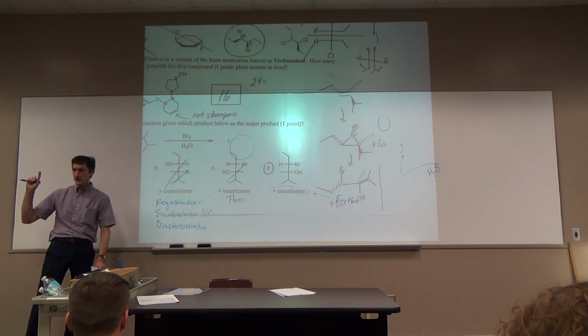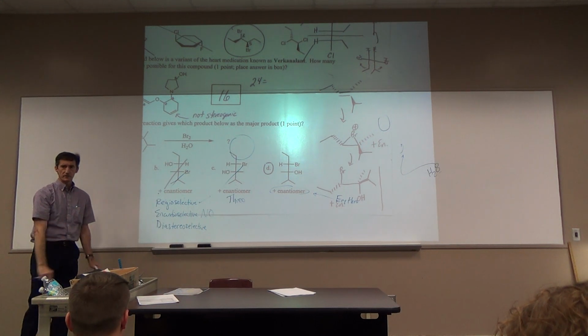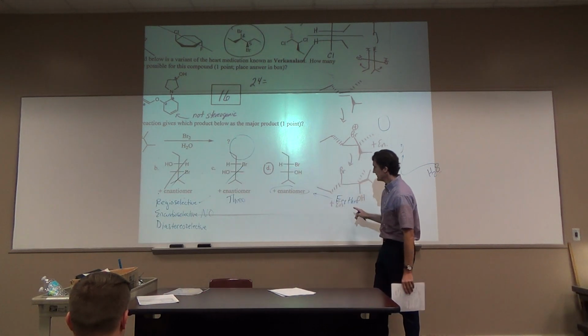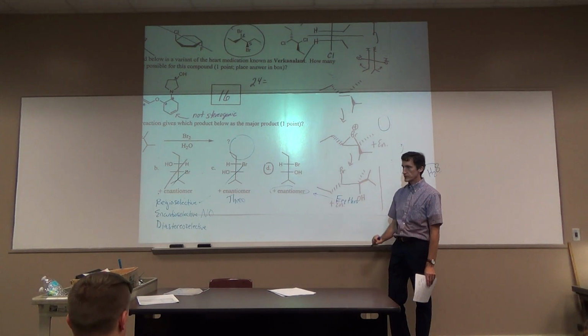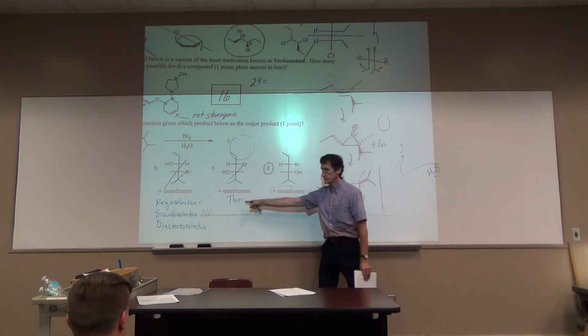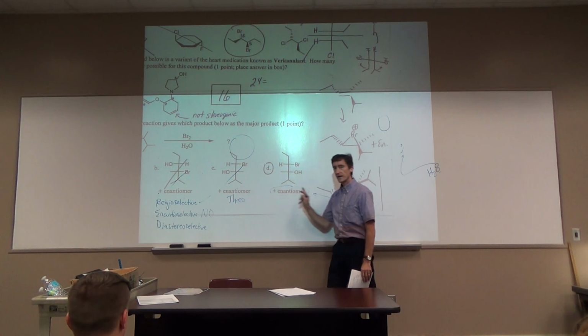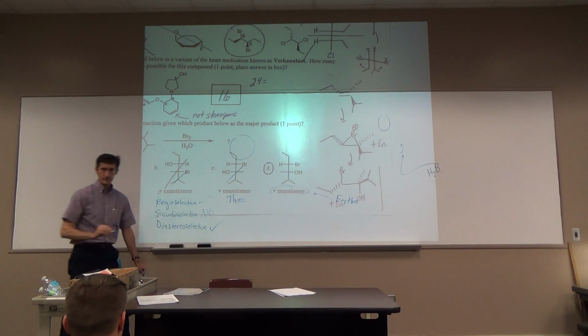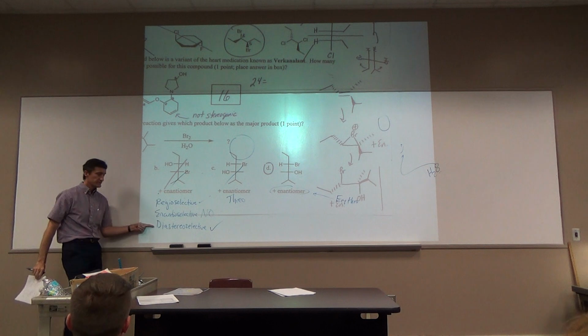That is, do we get one diastereomer and not another? Yes. What do we get? We only get erythro. Do we get any threo? No. These are diastereomers of each other. Diastereoselective? Yes.